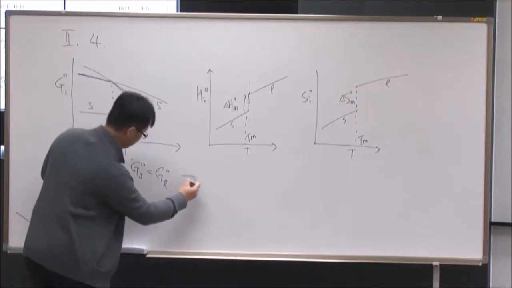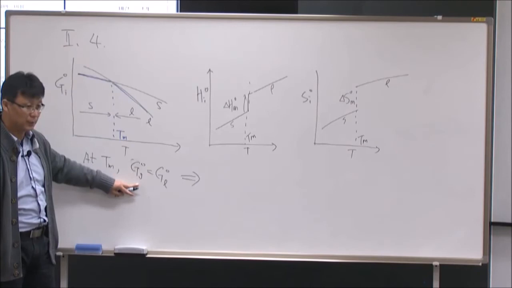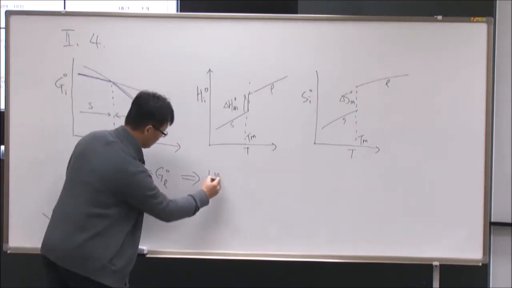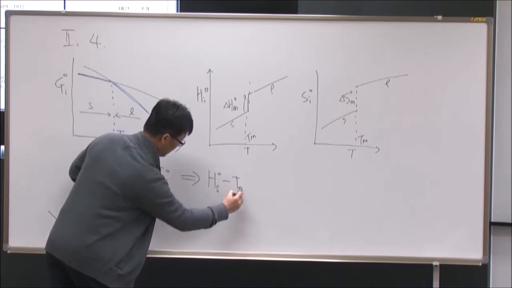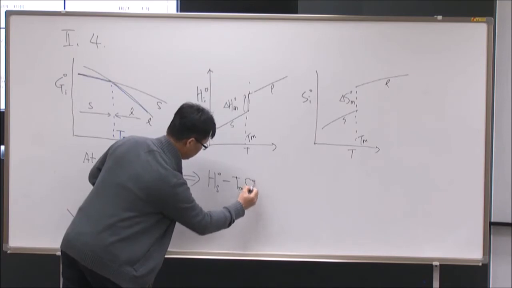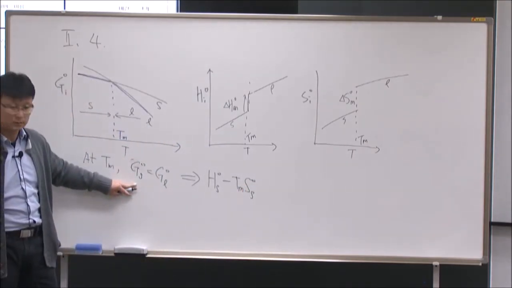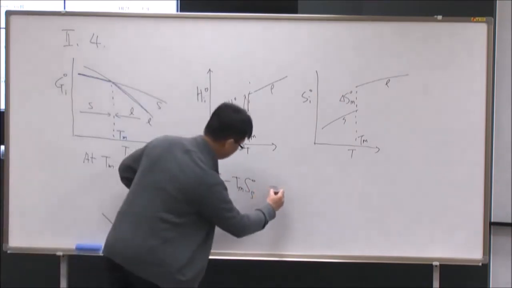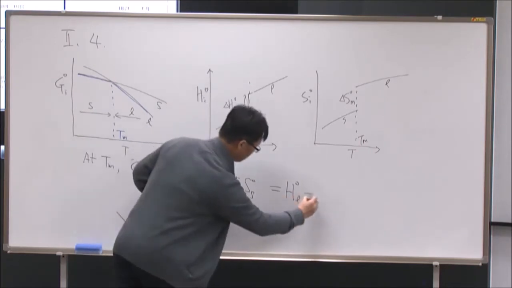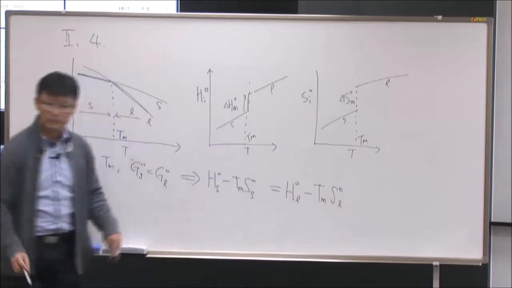So this means the Gibbs energy of the solid at this temperature is H of solid minus Tm, the melting temperature, times the entropy of solid. Correct? That's the Gibbs energy of the solid phase. This is the same as H of liquid minus Tm times S of liquid phase.